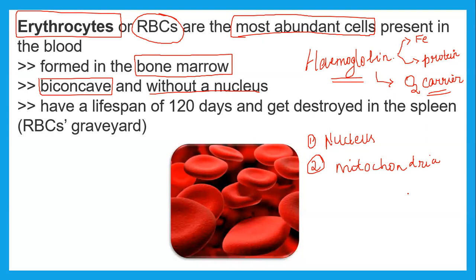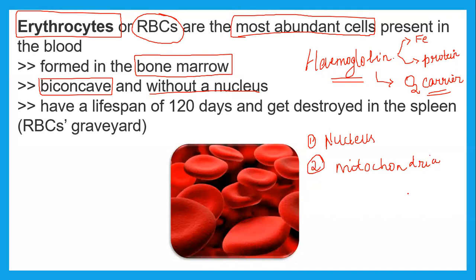So the next cell organelle that is absent is the mitochondria. What is the function of mitochondria? Anybody? What is actually the main function of mitochondria? We studied in the 11th standard cell chapter, and also in the 10th and 9th standard, that mitochondria is associated with cellular respiration. They are the powerhouse of the cell.